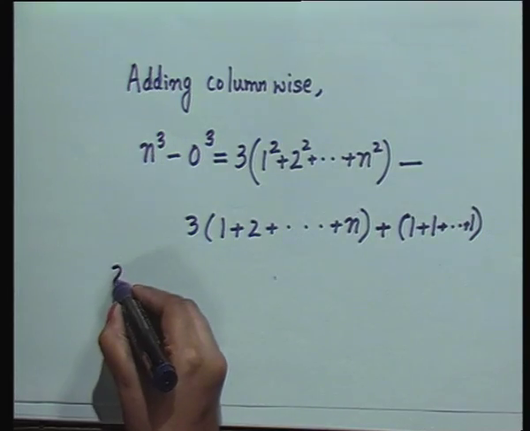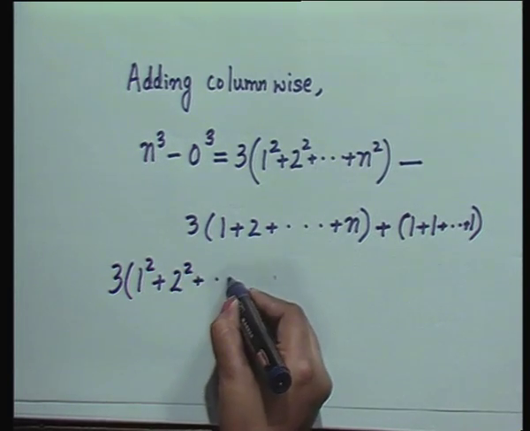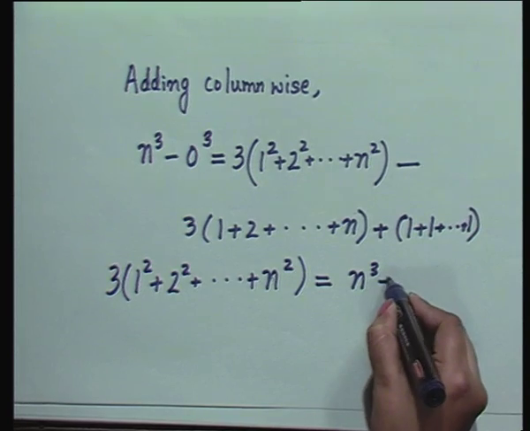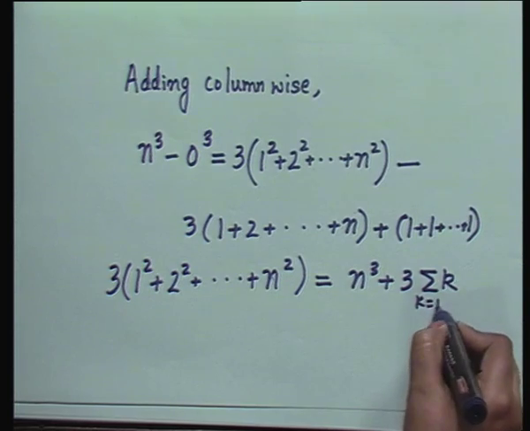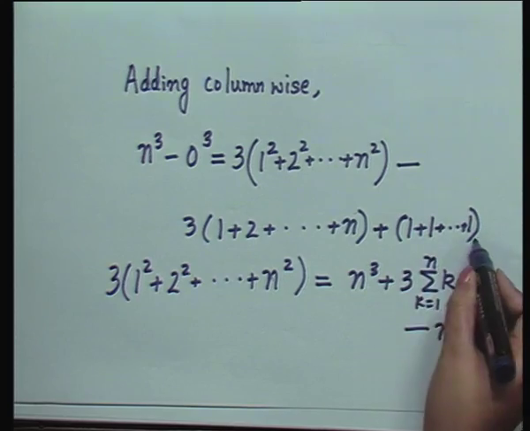We just started with that result and its value is n into (n plus 1) by 2, whereas 1 added n times is easily understood to be n, and therefore I can write 3 times (1 square plus 2 square up to n square) separated on one side to be equal to n cube plus 3 times sigma of k, where k varies from 1 to n, minus n, 1 added n times.